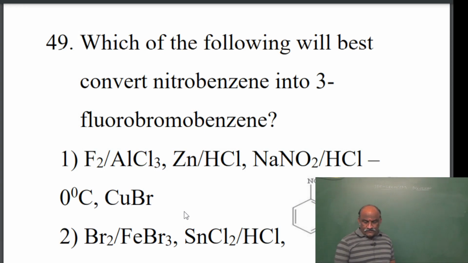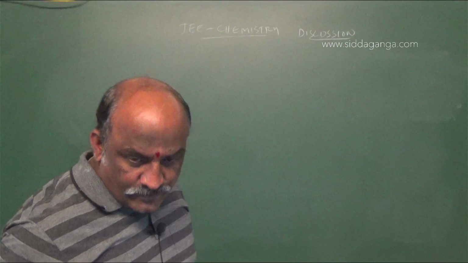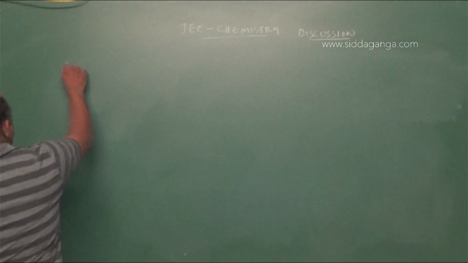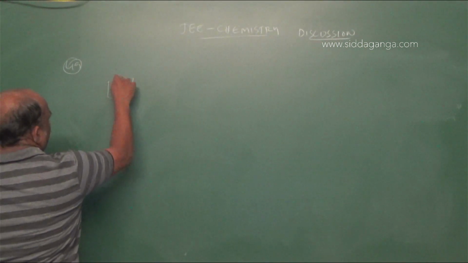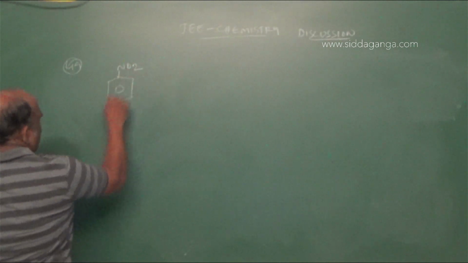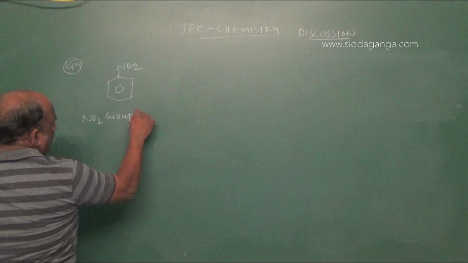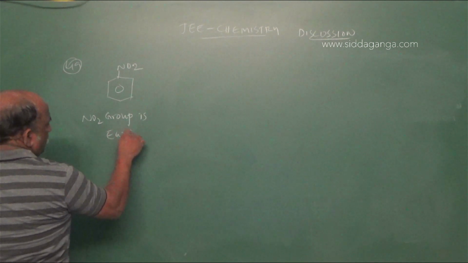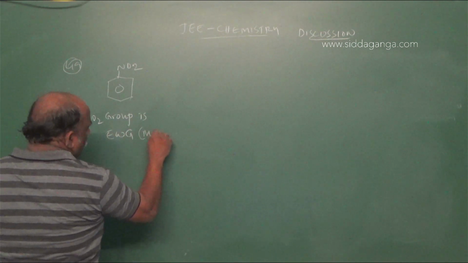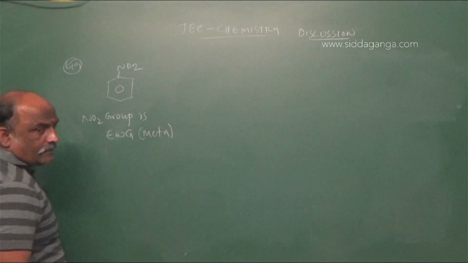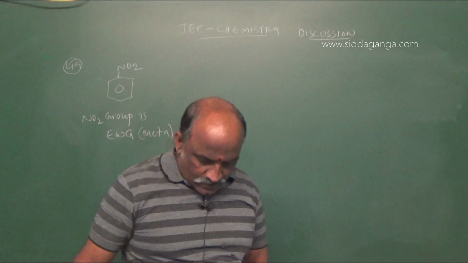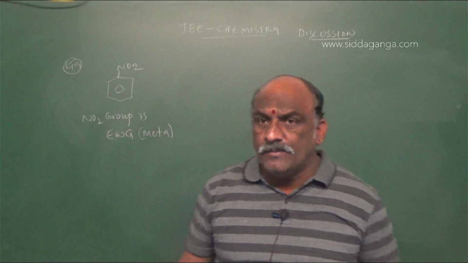So this is a little complicated. This is nitrobenzene. Here the NO2 group is an electron withdrawing group. At which position does electrophilic substitution take place? Meta position.